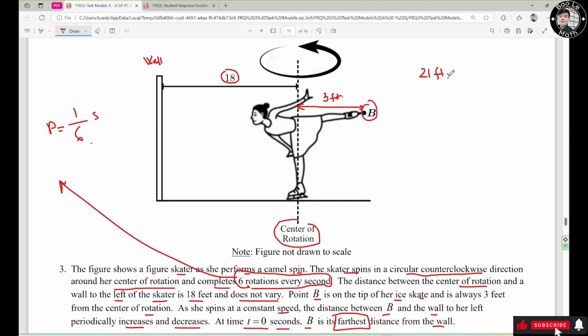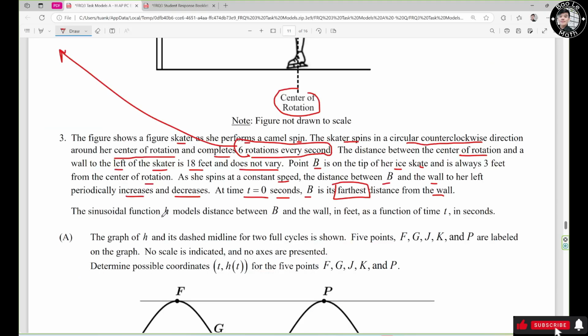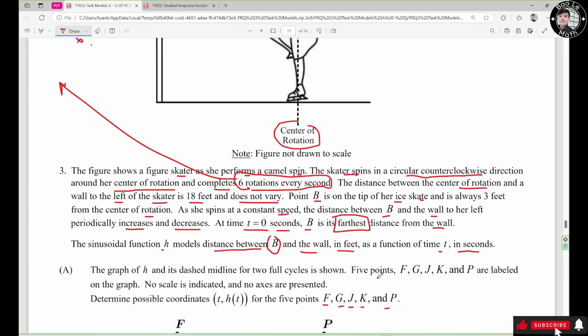This one is the maximum height. The sinusoidal function h models the distance between point B and the wall in feet as a function of time t in seconds. Now we need to find the coordinates of points F, G, J, K, and P.